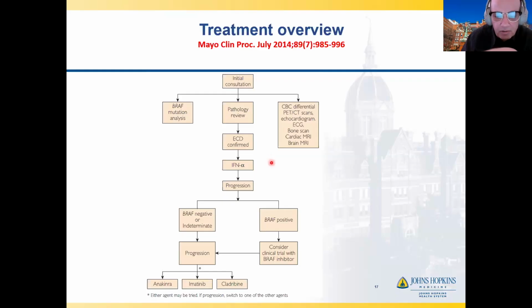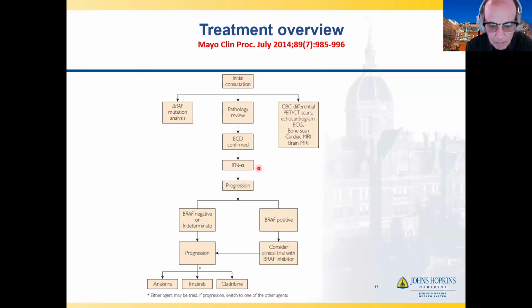The historic treatment or the first line of treatment was interferon. And we used to use interferon for everything that we don't know how to treat. And you know, interferon is antiviral. We used to use it for hepatitis C infection, and it had a lot of side effects, fever and chills, and really patients felt terrible with interferon alpha.